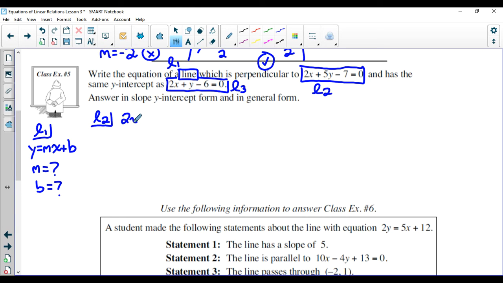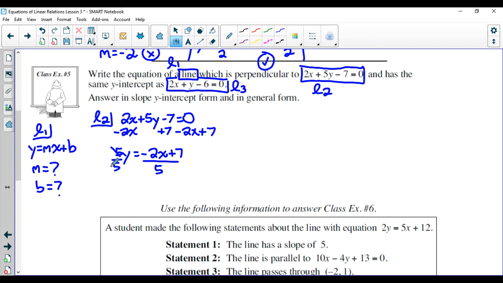Okay, so we got line 2, and let's figure out its slope. So we have 2x plus 5y minus 7 is equal to 0. To get the slope, we have to put it into the slope-intercept form. So we're going to subtract 2x from both sides because the y term is positive. And then we're going to add 7 to both sides of the equation. And then I'm going to get 5y would be equal to negative 2x plus 7.